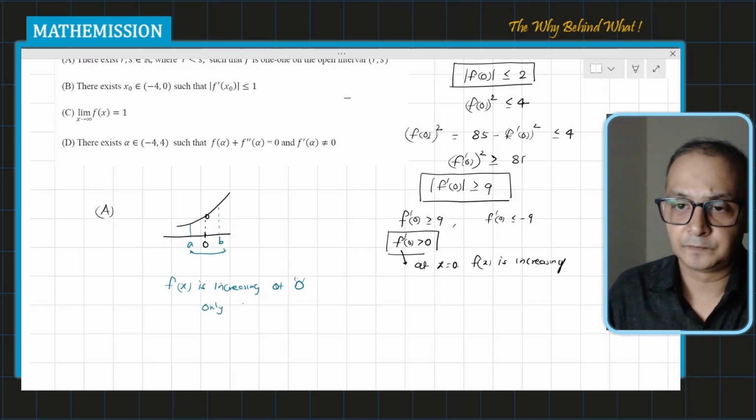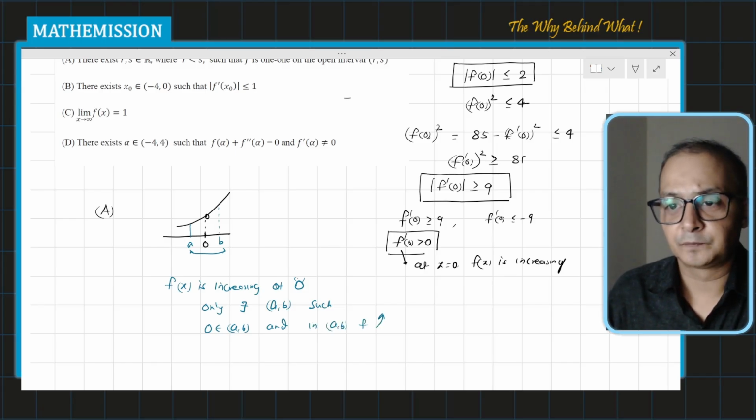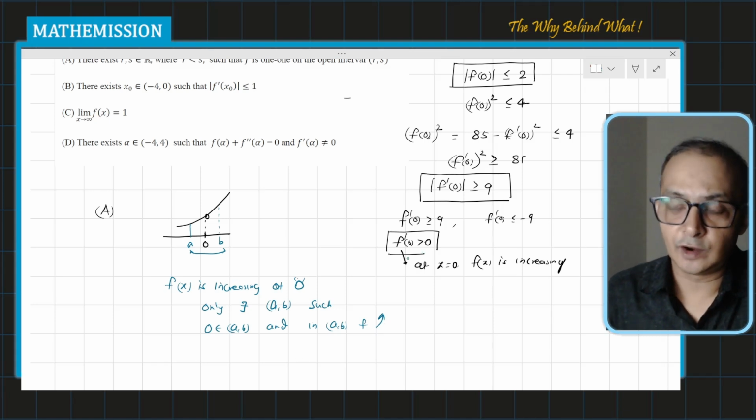only if there exists an interval a to b such that 0 belongs to a to b and in a to b f is increasing. So you are already saying that f is increasing at 0.